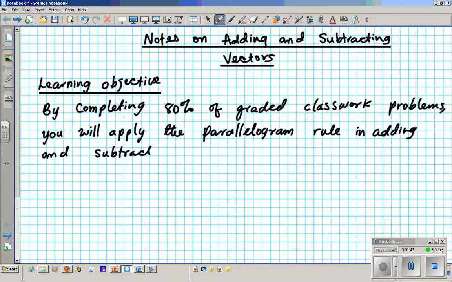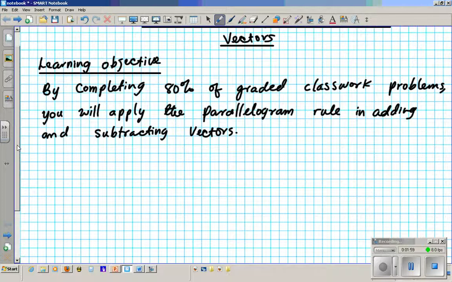When you're done using this rule, you see that your final answer looks just like a parallelogram. So this is the learning objective for today. The classwork I'll give you will be in a packet, and a completion of 80% of that will mean that you've met the objectives for today.